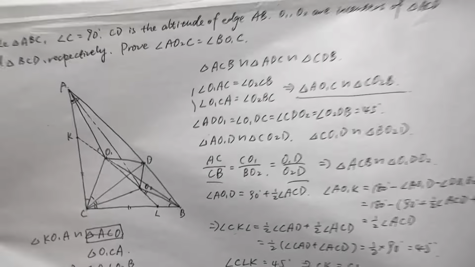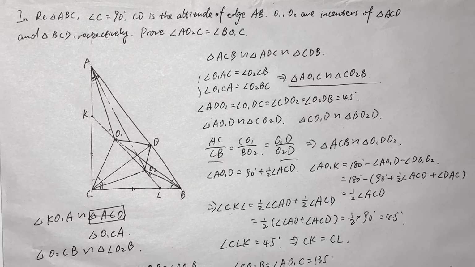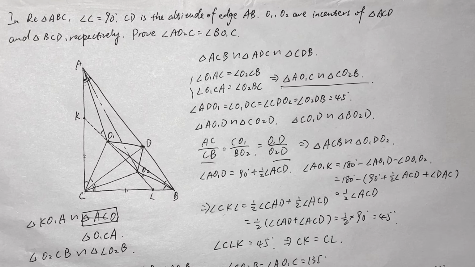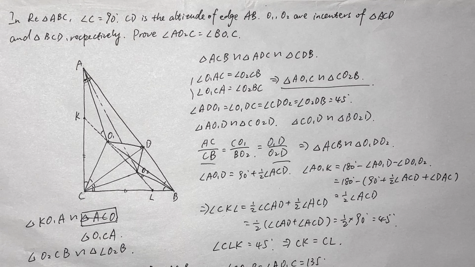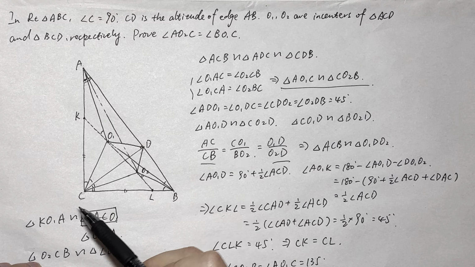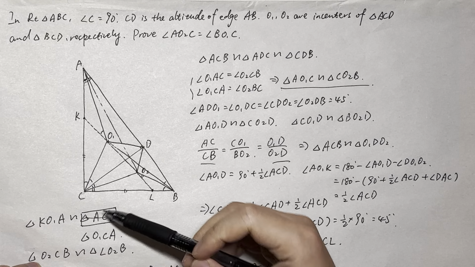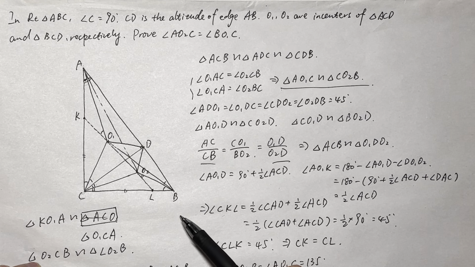Okay, so in this video, we just derived some relations and equations in this particular figure. This is a very, very interesting figure, because we can find so many similarities in the triangles, and we can get a conclusion that CK equals to CL regardless of the ratio of CA to CB, right?